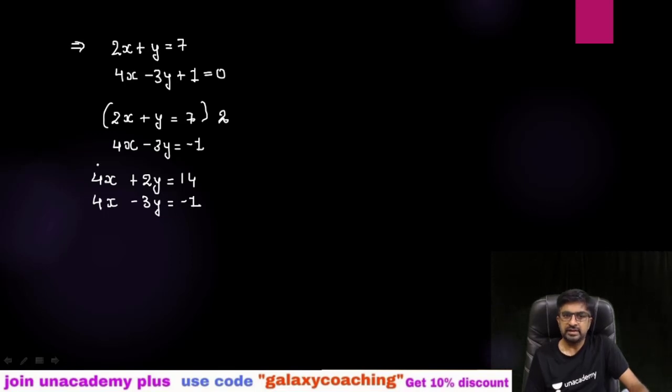So you can see I have made this term the same by just multiplying this by 2. Why do we have to make this term the same? To eliminate. We can make either the x term the same or the y term the same. Now if I add these two, can we eliminate? No. Here, for elimination, we need to subtract.